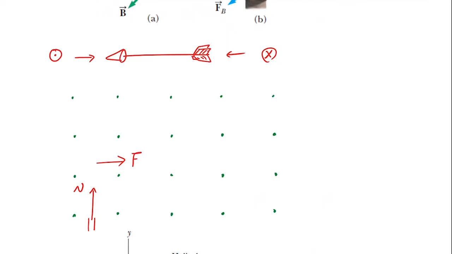Do you see that? I see the hand in front of us. Okay. Align your thumb towards the velocity, and then align your fingers with the magnetic field, which is coming out of the page. And then you see the direction of your thumb is the force. So it's that way, right?